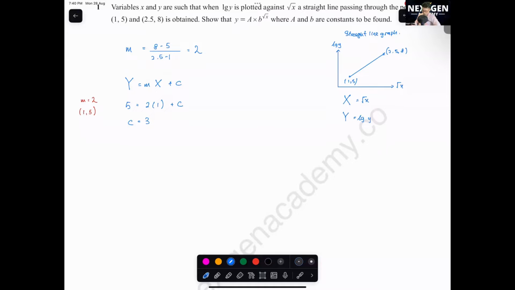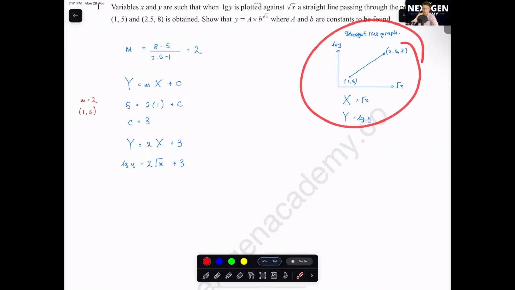So we will get big Y equals 2 big X plus 3. We need to convert the big Y and X into what is given to us, which is log y equals 2 square root x plus 3. This is the straight line equation that represents this data.